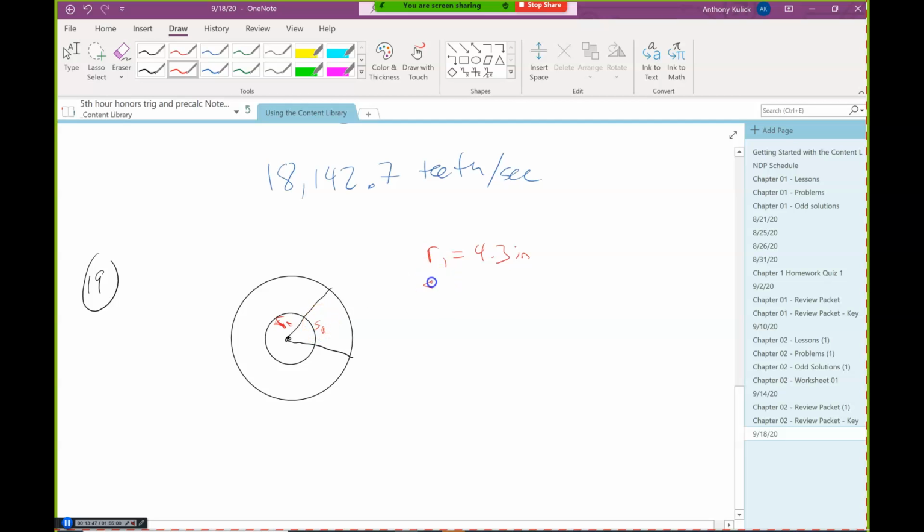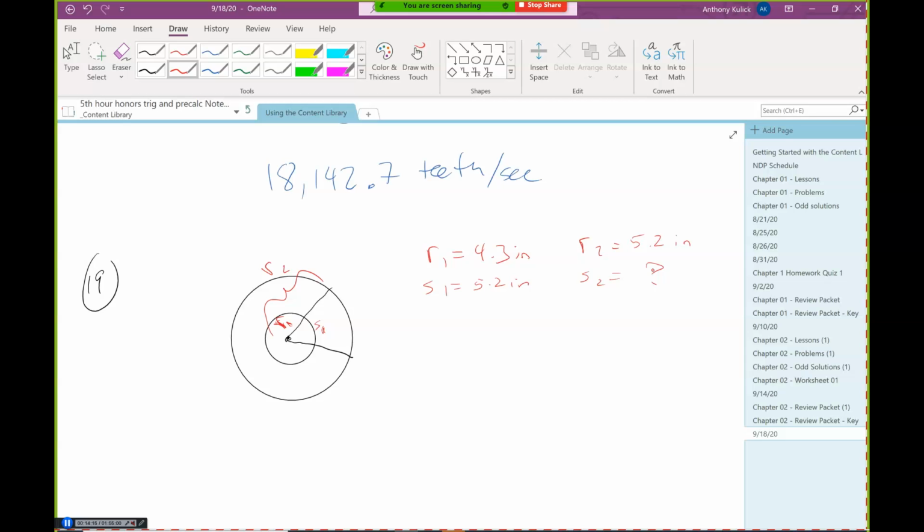So I'll call that S1. That's 5.2 inches. It says the radius of the larger circle, I'm going to call that R2, is equal to 5.2. And it asks what is the length of the arc cut in the larger circle. So far, so good? Okay.